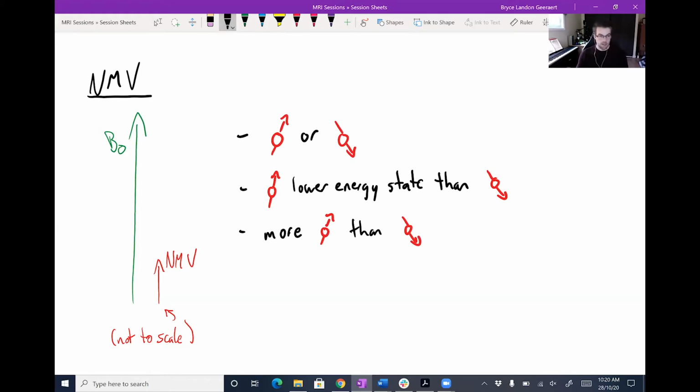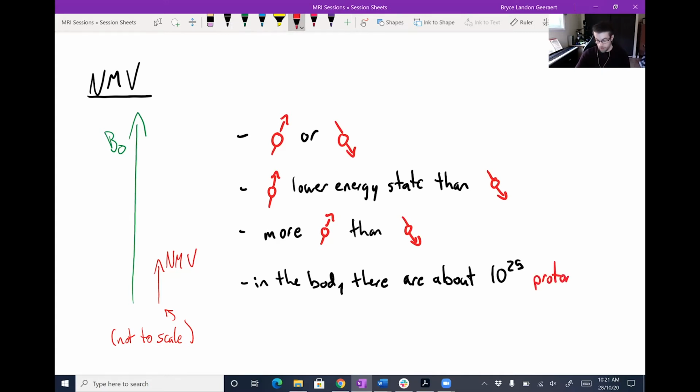Now, what I did mention, and just wanted to run past you guys, is that in the body there are about 10 to the 25 hydrogen atoms bouncing around. There's quite a few of these guys. I'll keep it red so that we know that's associated with the above diagrams.